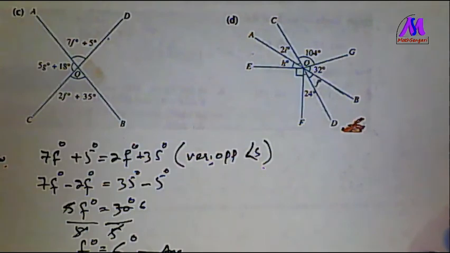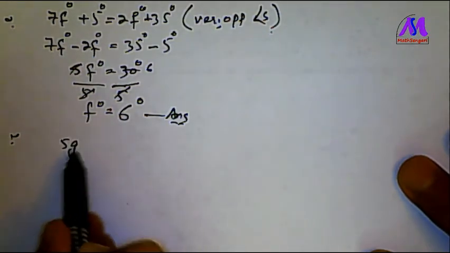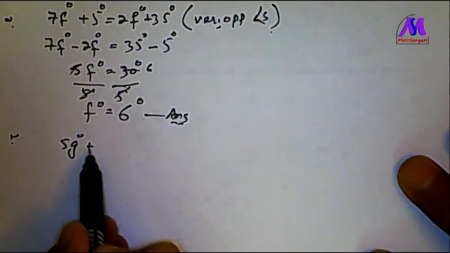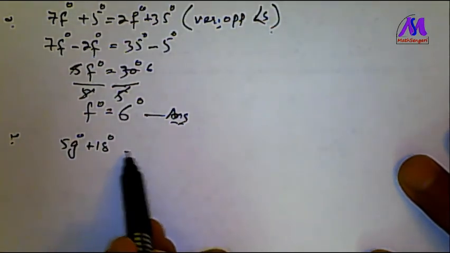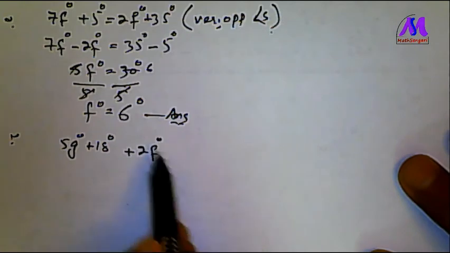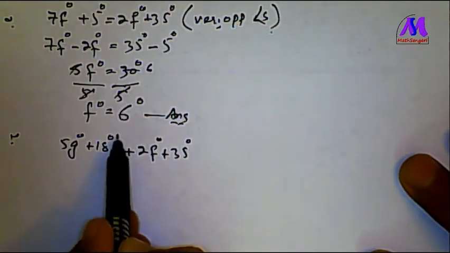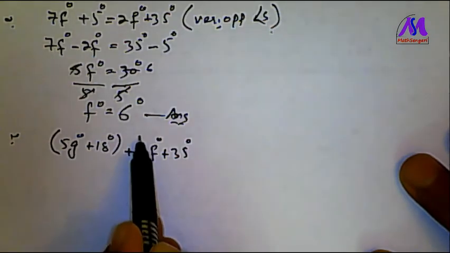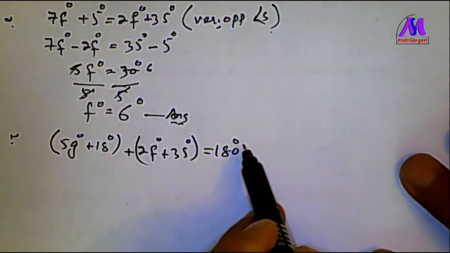Now we have to find the value of g on the straight line AB. So it will be 5g degrees plus 18 degrees plus 2f degrees plus 35 degrees. Already look here, it's one angle and the other angle, which will be equal to 180 degrees. Why 180 degrees?